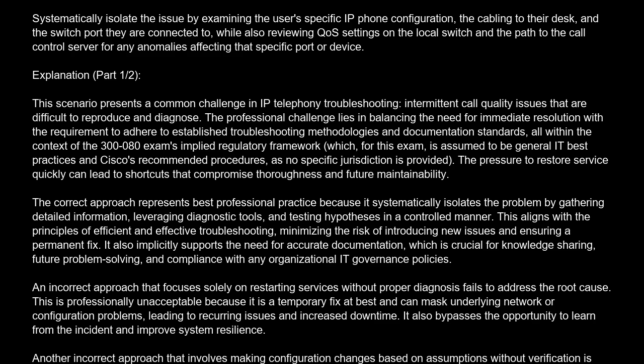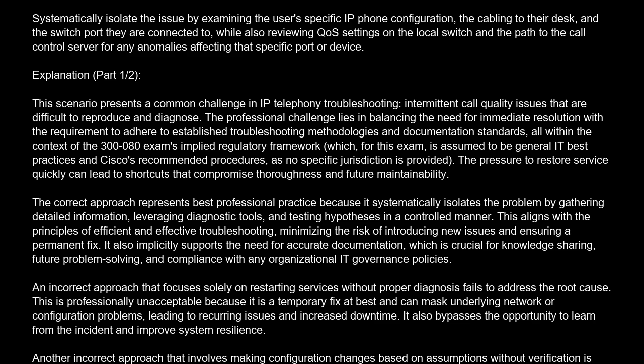The professional challenge lies in balancing the need for immediate resolution with the requirement to adhere to established troubleshooting methodologies and documentation standards, all within the context of the 300-080 exam's implied regulatory framework, which, for this exam, is assumed to be general IT best practices and Cisco's recommended procedures.